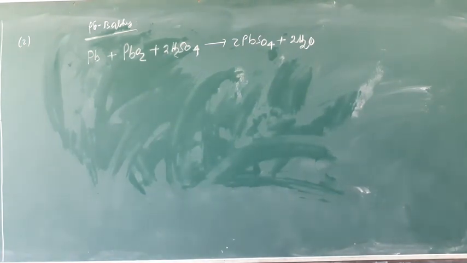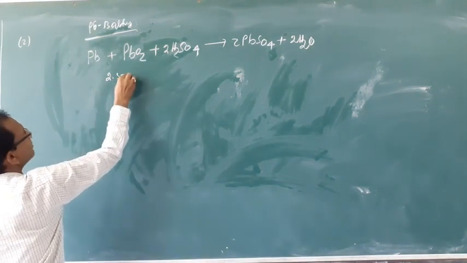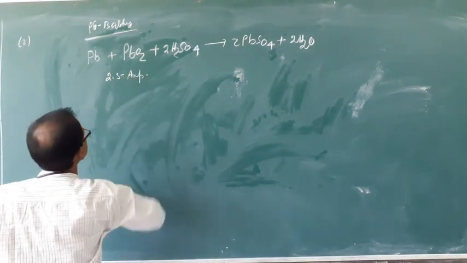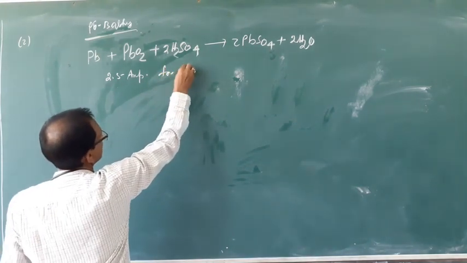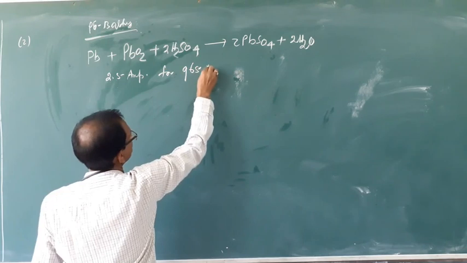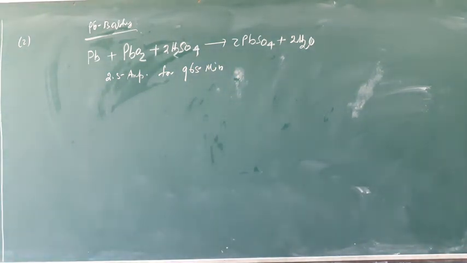But the question is, 2.5 ampere current is passed for 965 minutes.